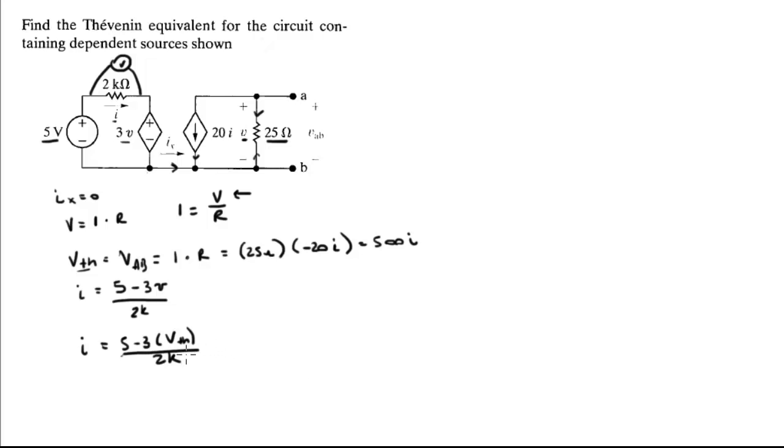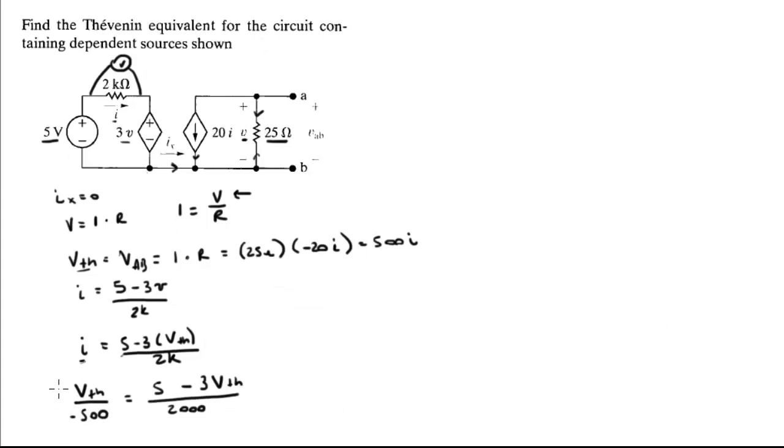So when you solve for I, it is also equal to, according to Ohm's law, V over R. So I is also equal to Thevenin over minus 500, which is equal to 5 minus 3 Thevenin all over 2000. I just replaced the 2K by the 2000.